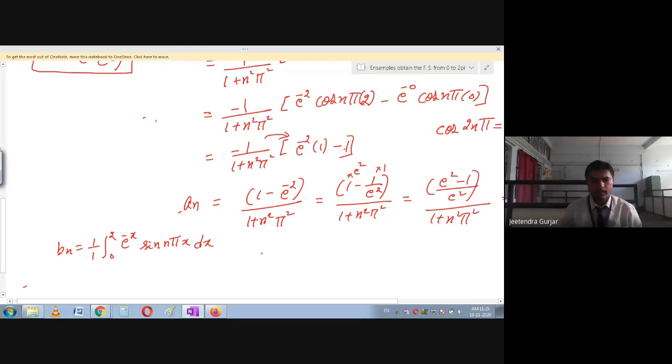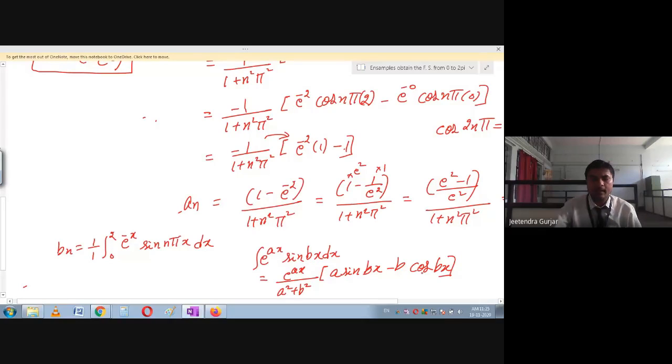So I will use this formula: integral of e raised to ax sine bx, please remember this very important formula, is equal to e raised to ax upon a square plus b square, times a sine bx minus b cos bx.